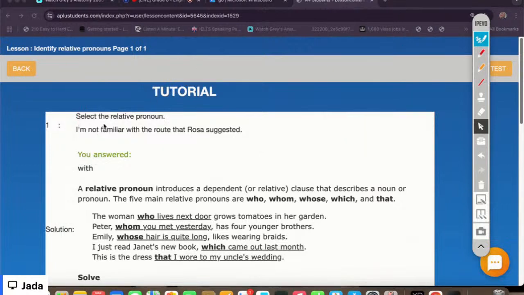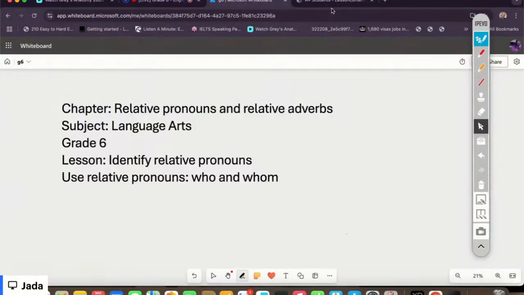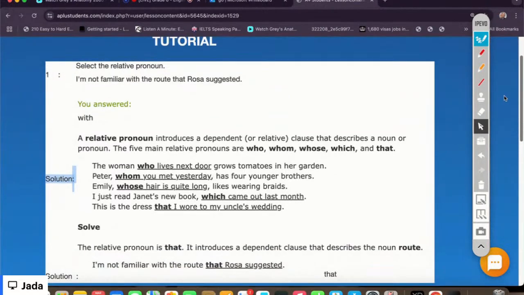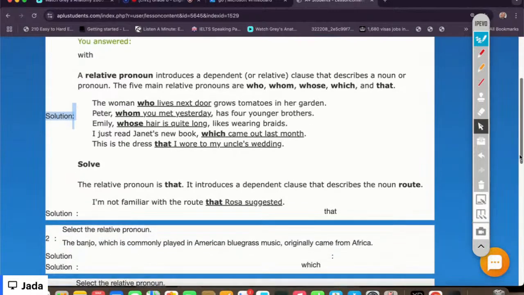So if you move on to the examples, we have select the relative pronoun. I am not familiar with the route that Rosa suggested. So you would have to choose the relative pronoun.